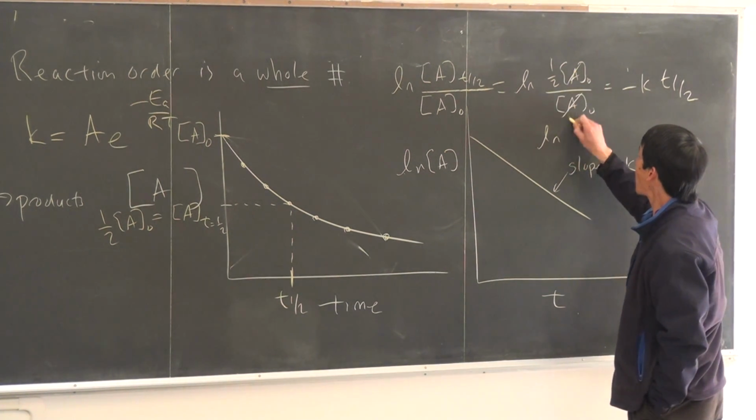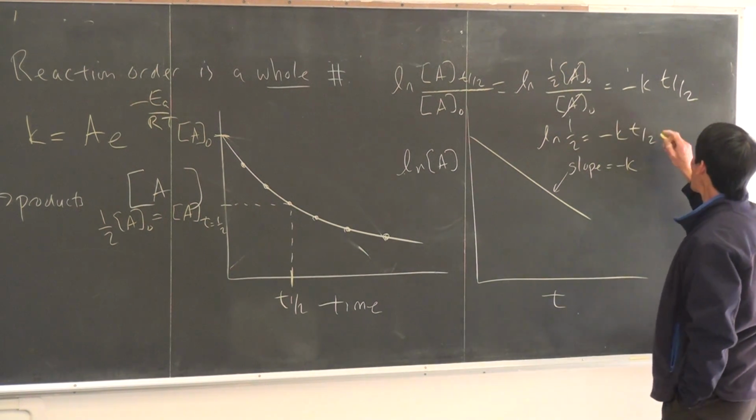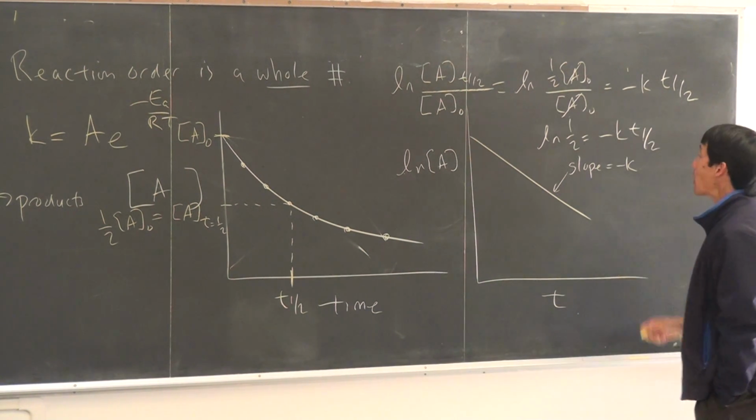So now we have the natural log of 1 half is equal to minus K times T1 half.